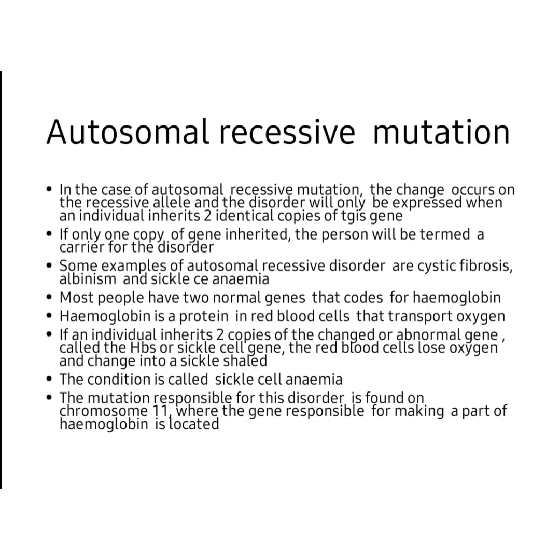If an individual inherits 2 copies of the changed or abnormal gene called the sickle cell gene, the red blood cell loses oxygen and changes into a sickle shape. The condition is called sickle cell anemia. The mutation responsible for this disorder is found on the chromosome where the gene responsible for making a part of hemoglobin is located.